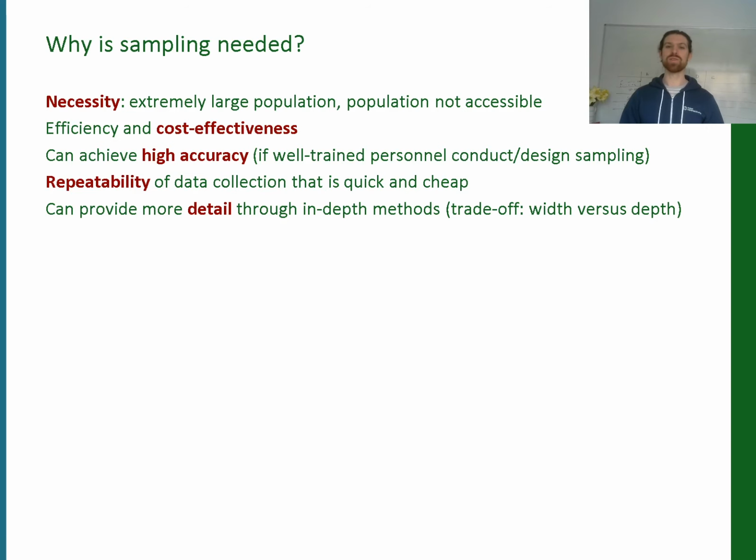Quantitative methods are going to provide you with that great width across all of your sample population, for example. And that's going to allow you to systematically understand things about the world and draw general conclusions, whereas your qualitative methods are going to give you a very, very large amount of detail, and you're going to go very, very deep into maybe just a few entities that you've drawn in your sample, but it's not going to be as representative, so you're going to have less breadth in comparison, but you're going to have an awful lot of detail just on those few individuals or entities that you've ended up doing that qualitative work with.